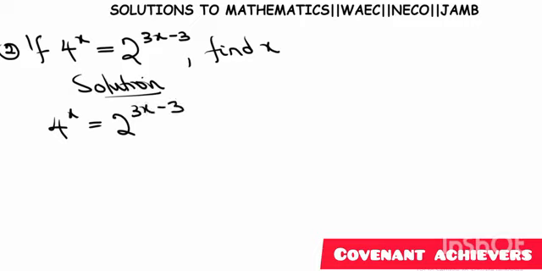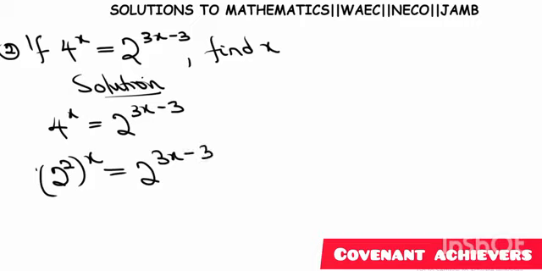Then we are going to write this 4 in terms of 2. That's 2 raised to power 2, that's 4. Then you have the x there. So 2 raised to power 2x equals 2 raised to power 3x minus 3.